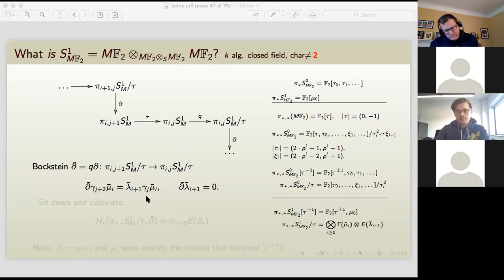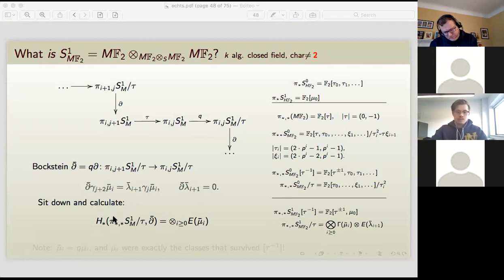And you sit down and you calculate, and then something wonderful happens, which reminds you perhaps of what happened before in Bjørksted's calculation. And the Bockstein is a differential, so I have a chain complex of the mod tau Matific Hochschild homology.